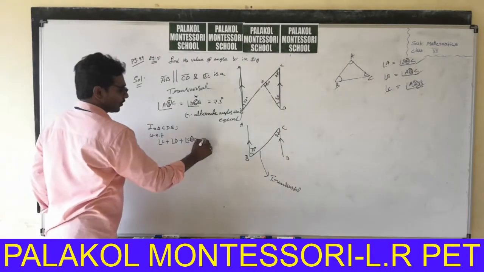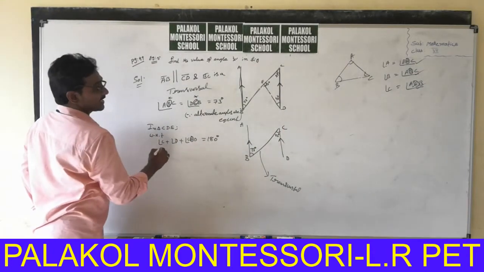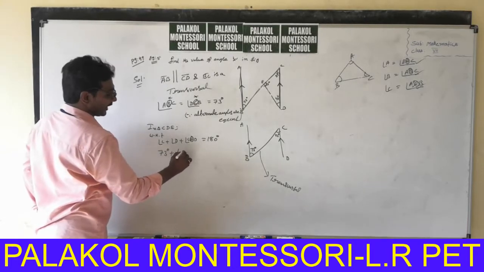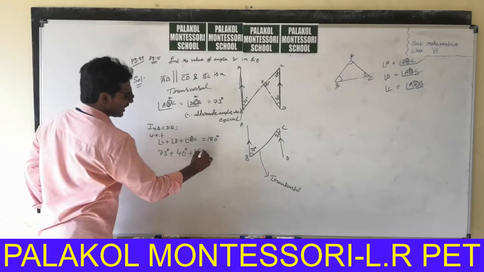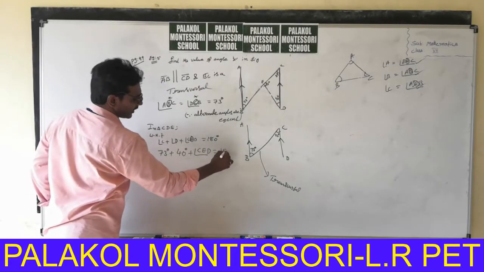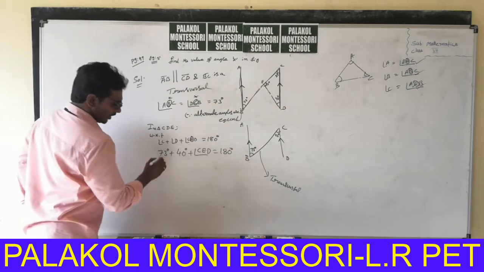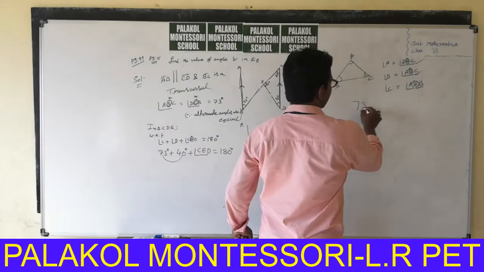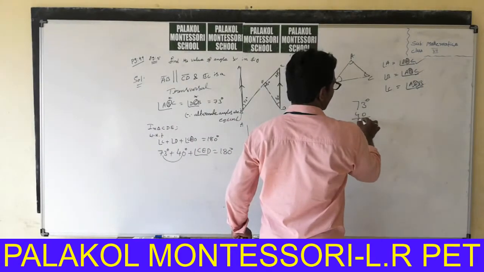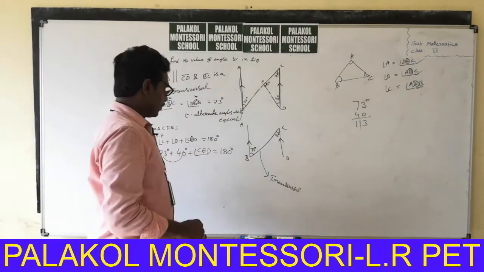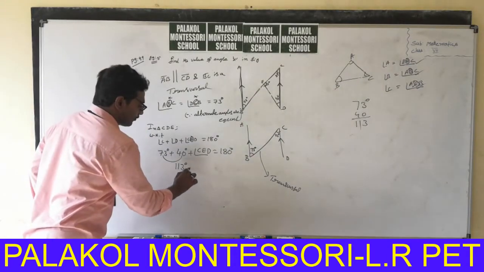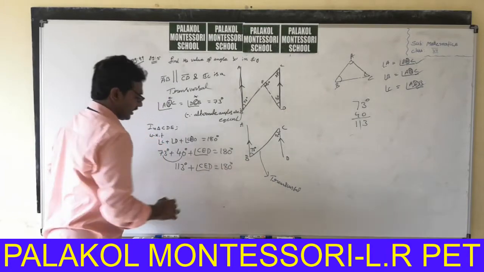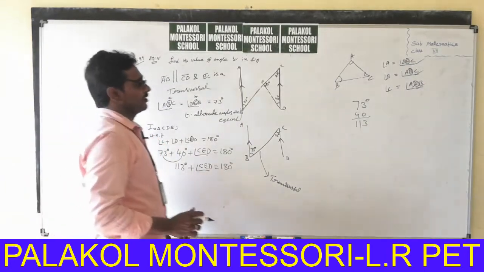It is equal to 180. Is it clear? So angle C is equal to 73, angle D is equal to 40, angle CED is equal to 180 degrees. These two add: 73 plus 40 is 113. So 113 plus angle CED is equal to 180 degrees. This is plus and that side minus.